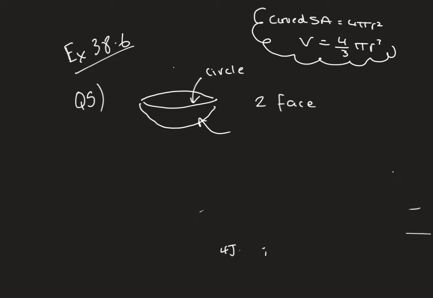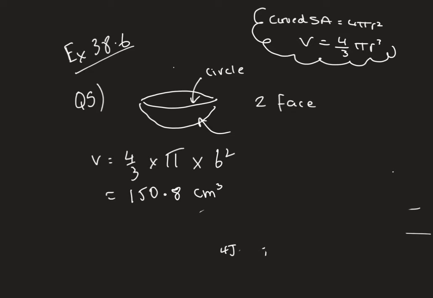Okay. The other thing we have to do is find the volume. So we're doing 4/3 multiplied by pi multiplied by the radius, which is 6, cubed. Okay, so that will be for the full sphere. So 4/3 times pi times 6 cubed. That is coming out as 48 pi, or 150.8 centimeters cubed. So that's for a full sphere.